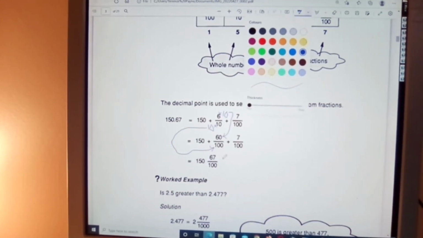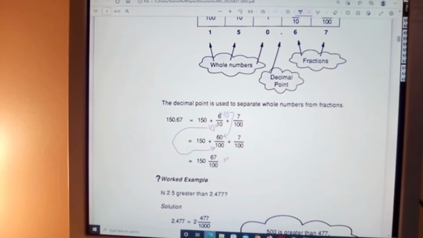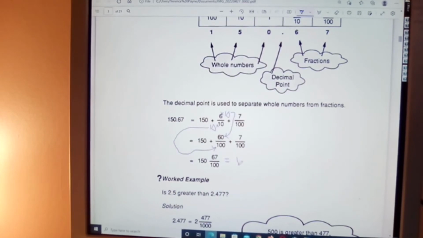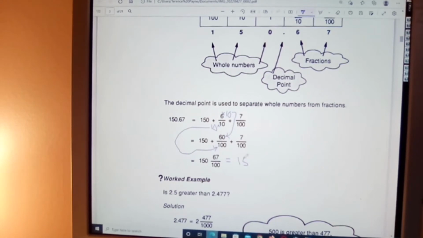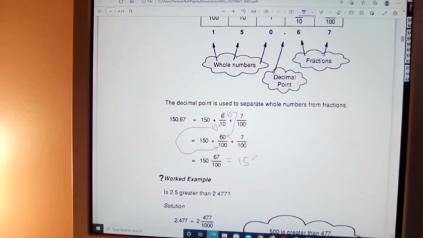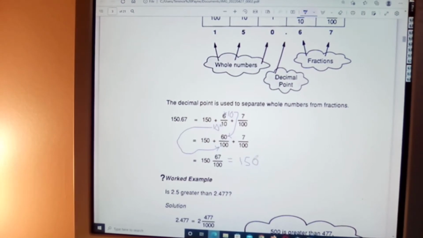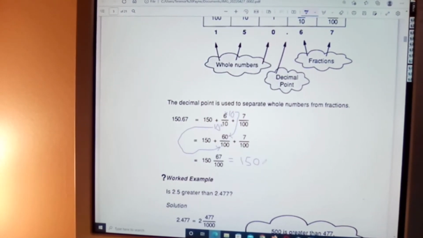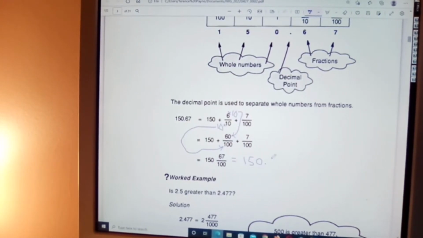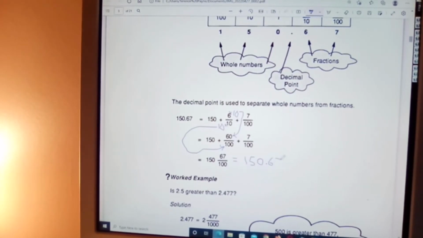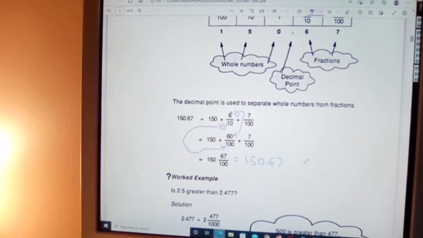Right, so that equals 150.67. Okay, and now that is where we got our answers from.